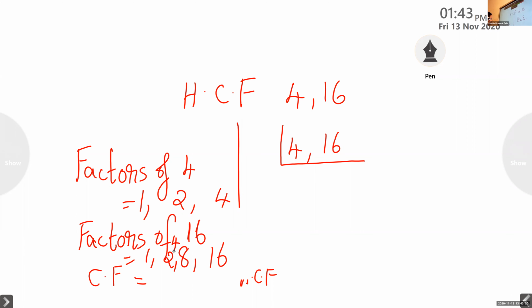Only this much. So what are the common factors? 1, 2, and 4. So which is the highest common factor? 4.